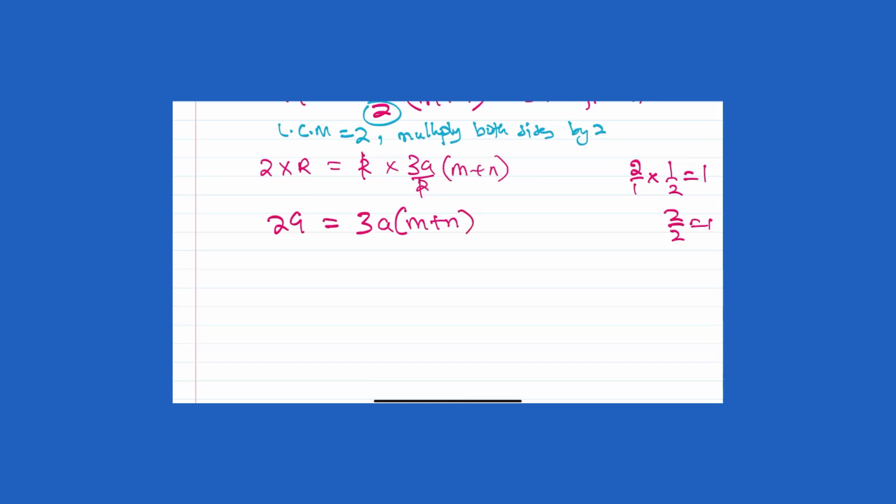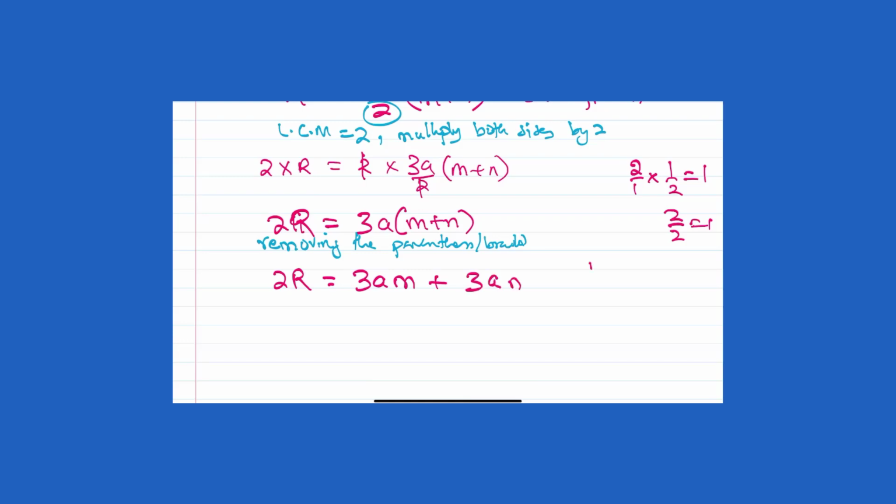Now that we have established this equation, our goal is to look for the value of m. Remember, when we're looking for u, we have to remove the parenthesis or the bracket. We are going to do exactly the same thing here. So removing the parenthesis or the bracket, this will now leave us with 2r = 3am + 3an.